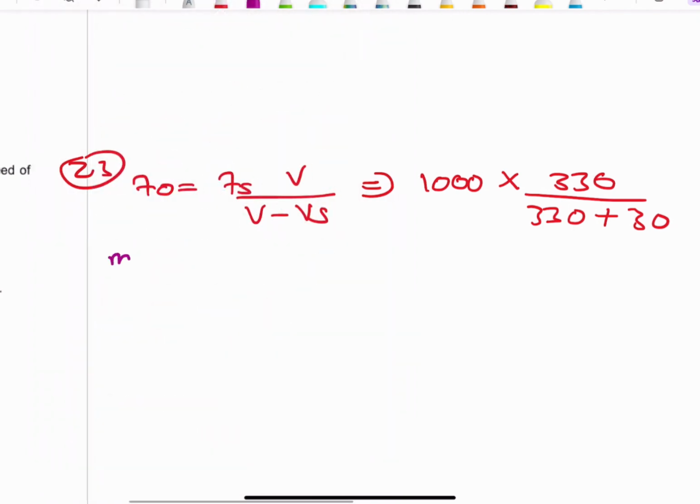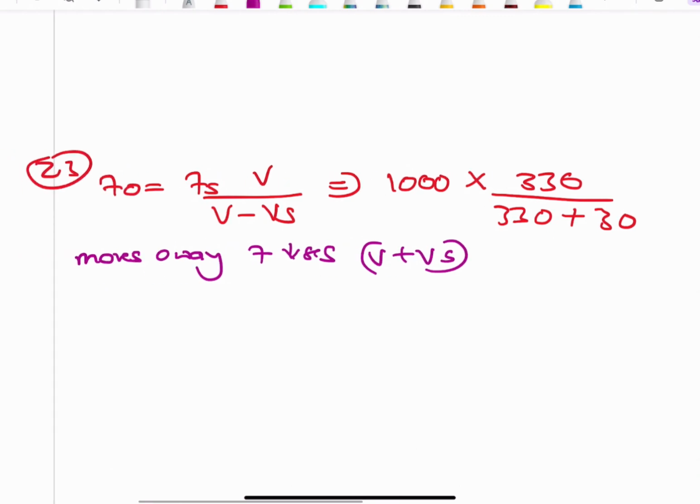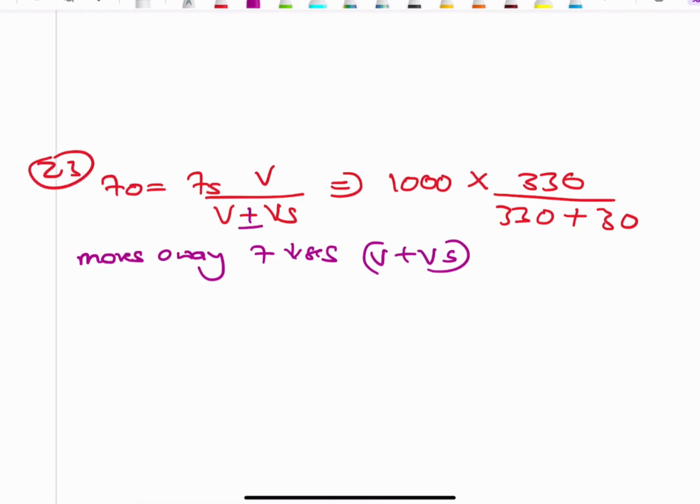If it moves away, the frequency decreases. But how does the frequency decrease? You have to divide by V plus Vs over here. And if it moves towards, F actually increases. So you have to divide by V minus Vs.